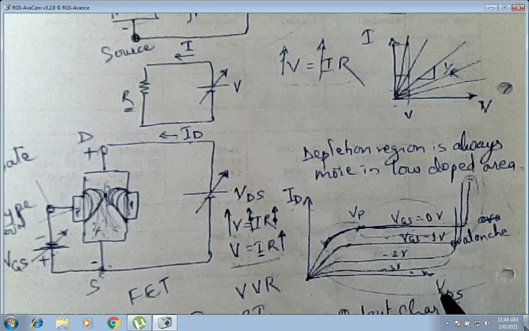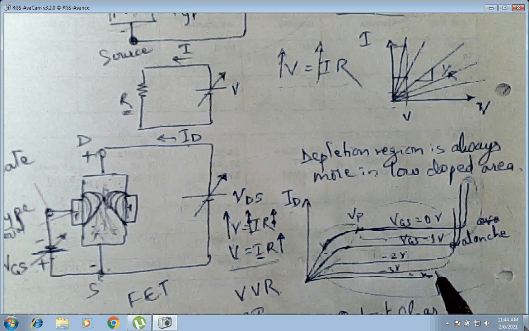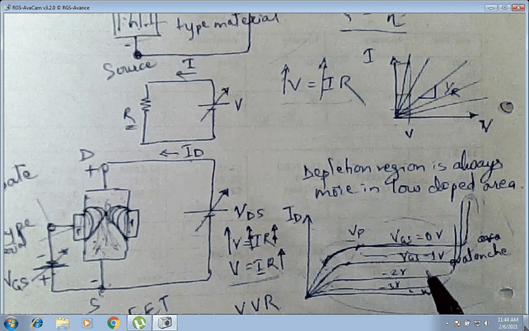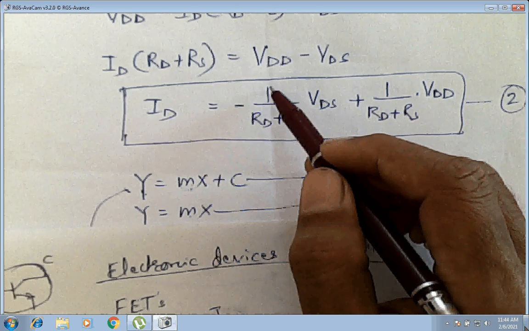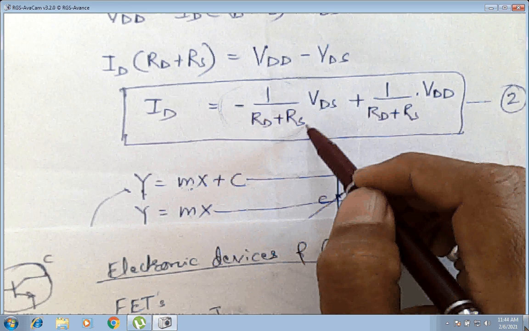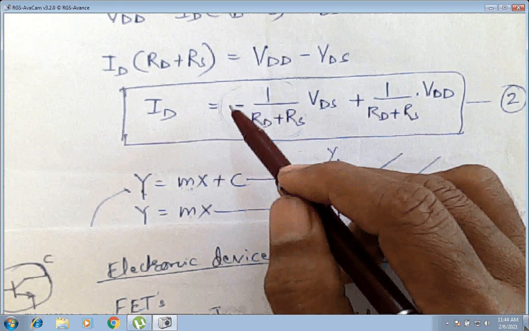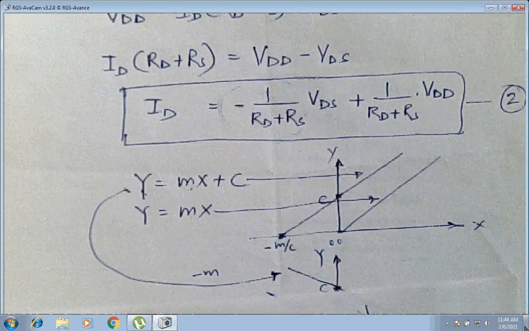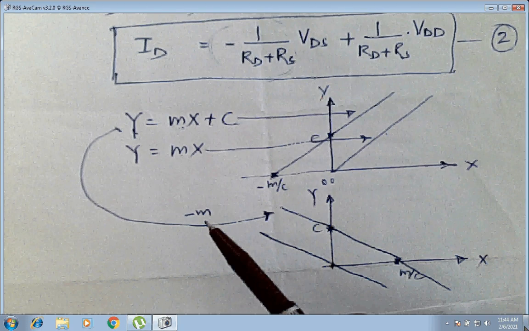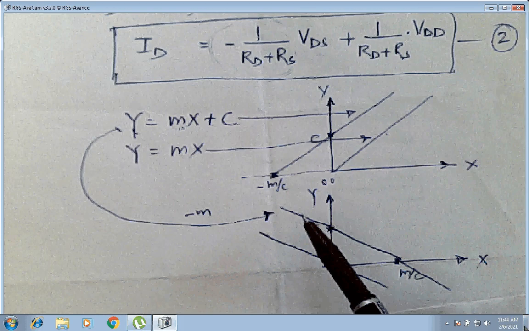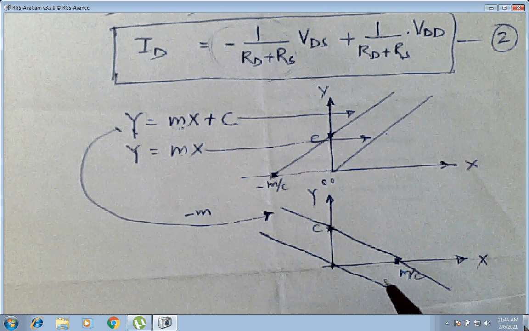So this is again an xy coordinate, and the line made by this equation has a negative m. According to our concept, what we had just seen with the coordinates, for negative m, this is the line equation you get.